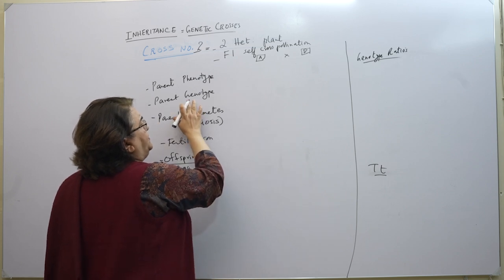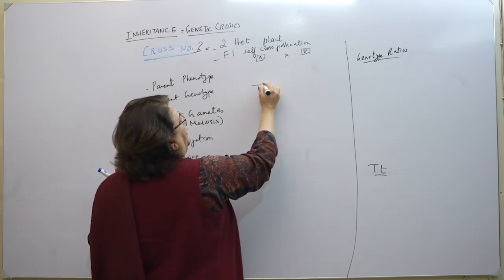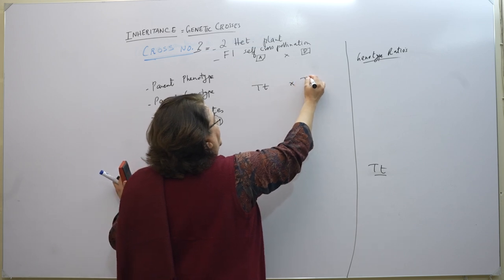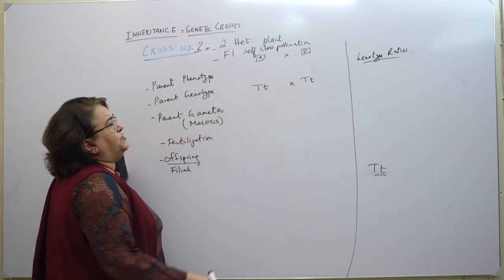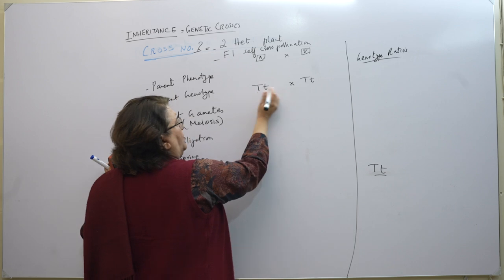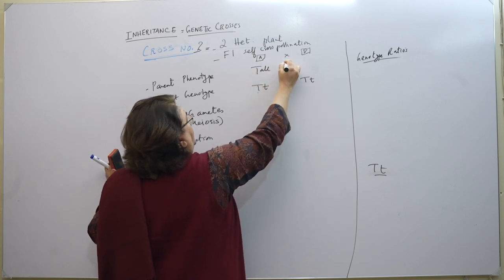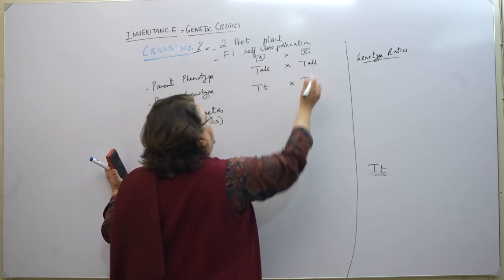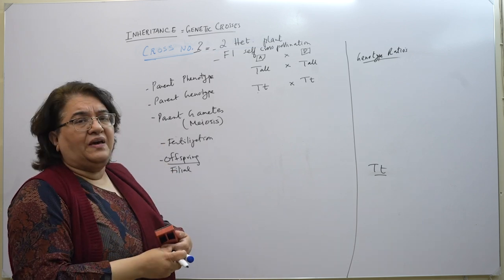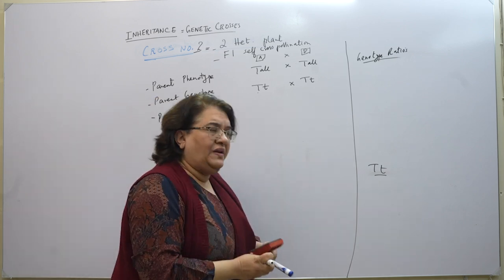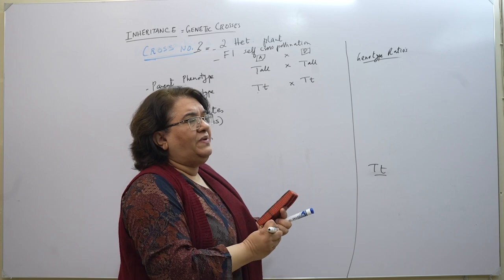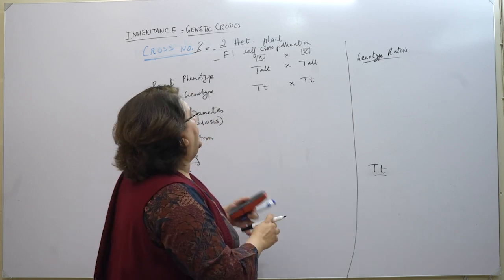The genotype is heterozygous into heterozygous. And the phenotype is tall and tall, 100% showing tall, even though they are hybrid and have the recessive allele. But this is a case of complete dominance, hence you can't see the shortness.